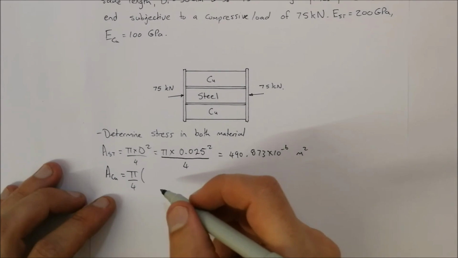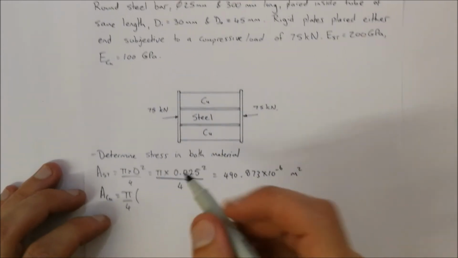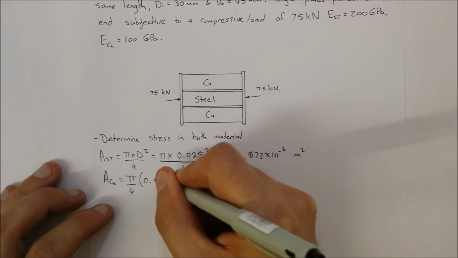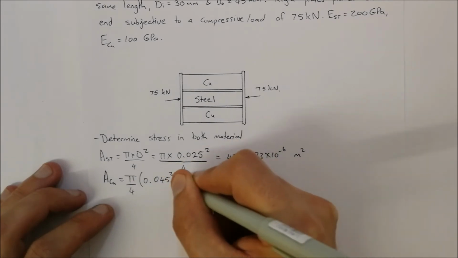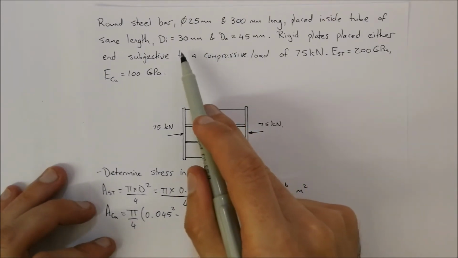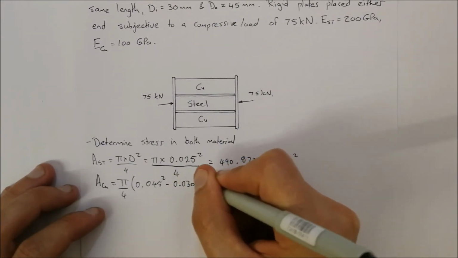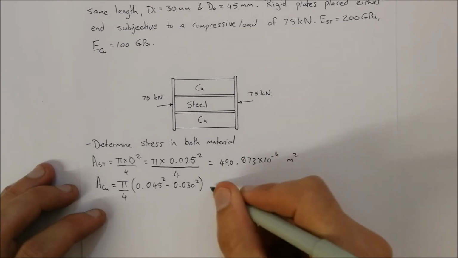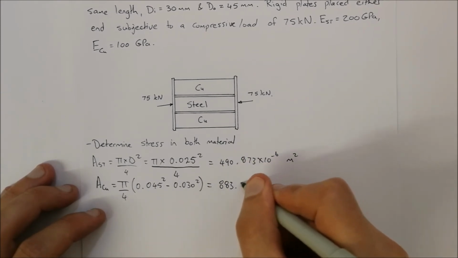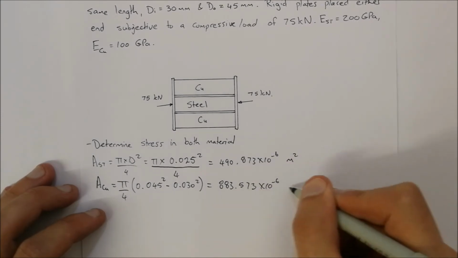The outside diameter, which we are told is 45 millimeters, so therefore it's 0.045, all squared. And we subtract from that the 30 millimeters, which is the inner diameter, so that is 0.030 squared. And we get an answer of 883.573 times 10 to the minus 6 square meters.